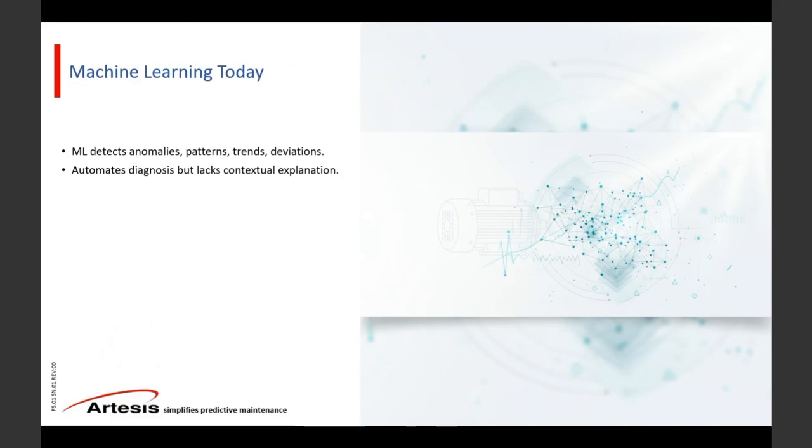But there's still a limitation, and you've probably felt this if you have looked at our system a lot. You think, okay, I'm seeing a problem and I know it's a transmission problem or a foundation problem or a bearing problem, so what? Machine learning is often very good at telling you what is happening: this looks abnormal, this resembles a bearing pattern, and this is a trend that's getting worse.